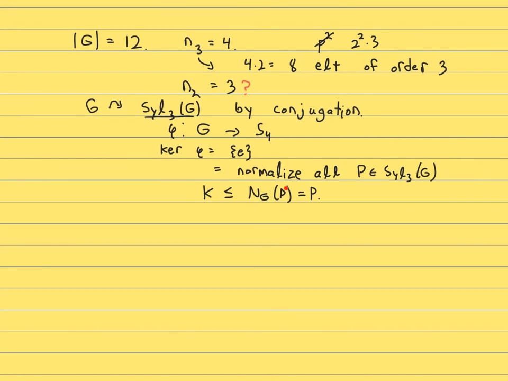Well, because we know the number of Sylow P subgroups is 4, which is also the index of the normalizer in G. And so the normalizer is a group of order 3. And so a group of order 3, it must be P.